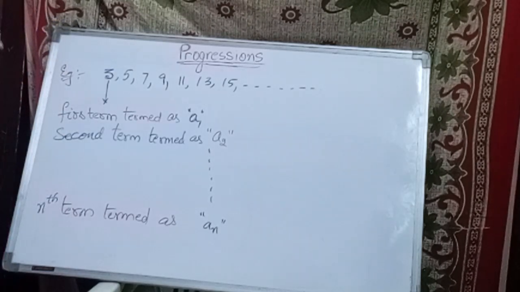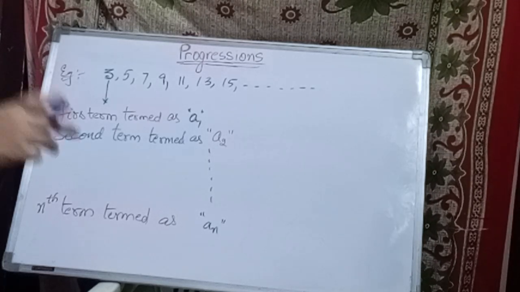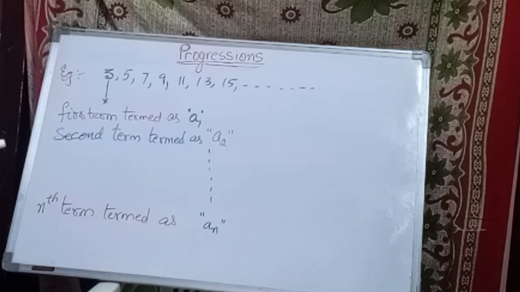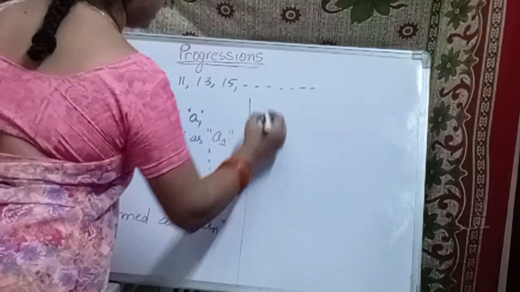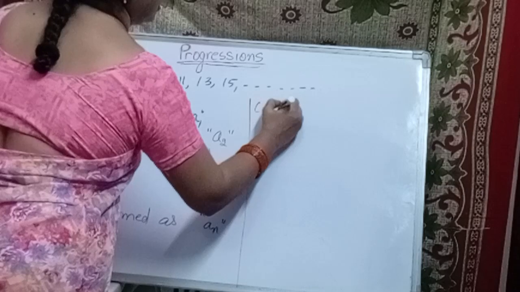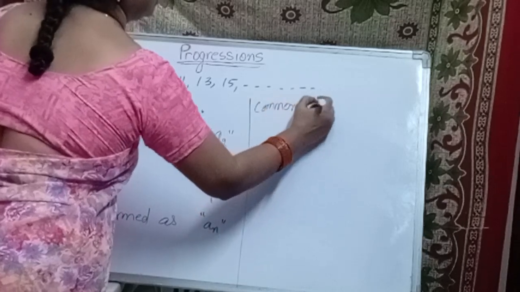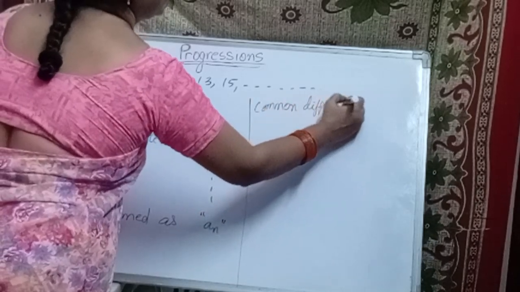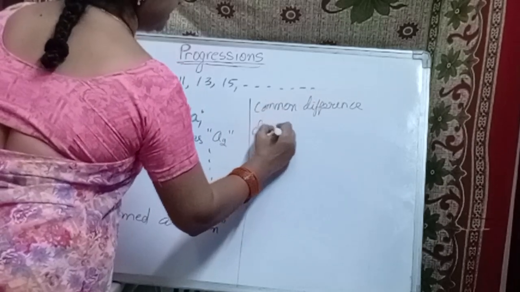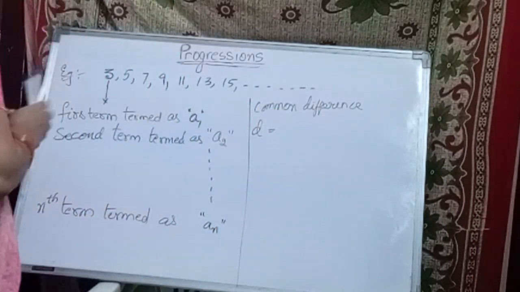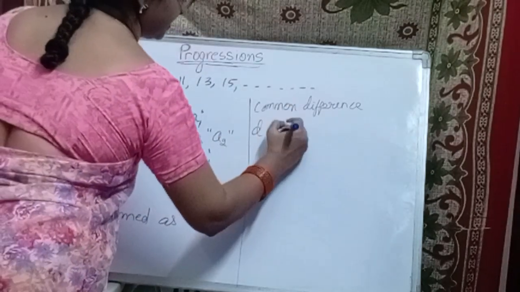Okay, and before, we have seen the common difference denoted by small d. Okay, now the common difference D is equal to what will we get?